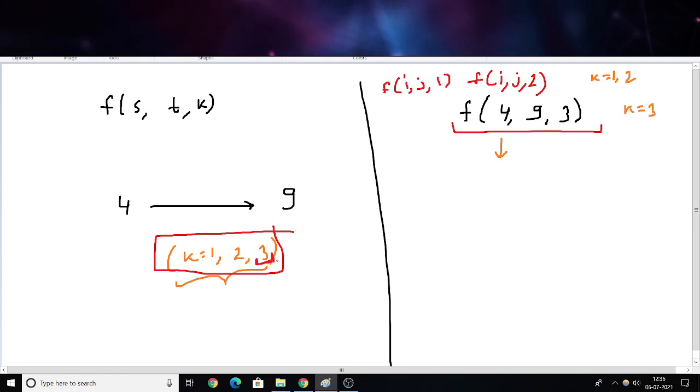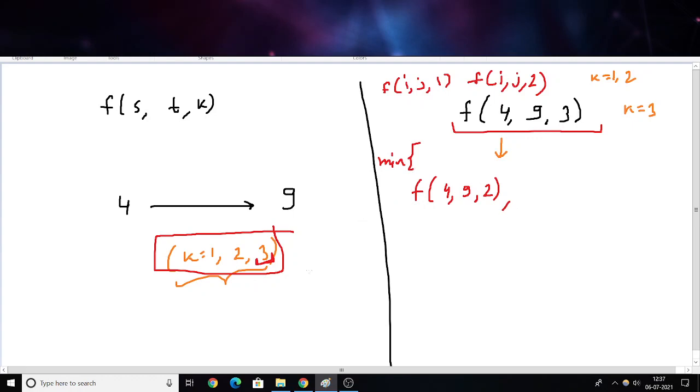Either we do not use city 3, in which case f(4, 9, 3) will be equal to f(4, 9, 2), which basically means that we want to reach from city 4 to city 9, but only using cities 1 and 2. So I would write the minimum of this thing, where city 3 is not included.